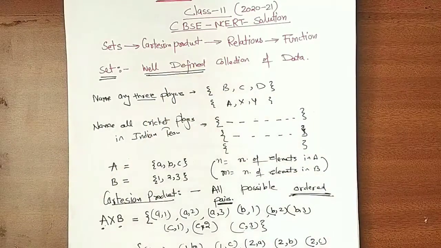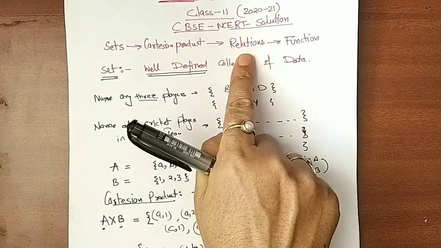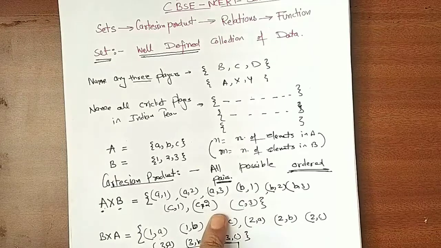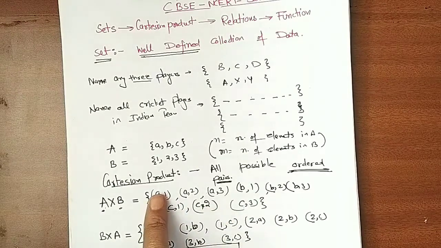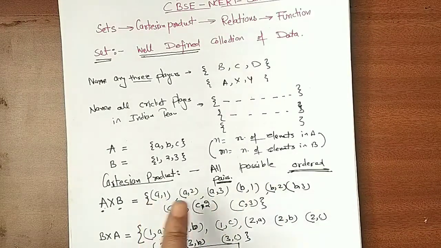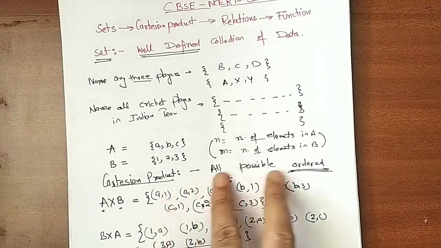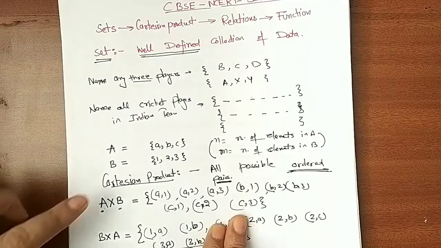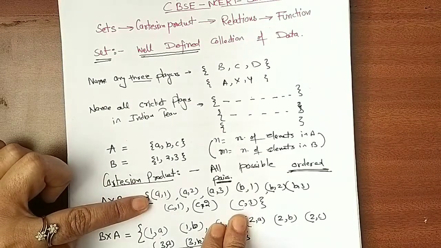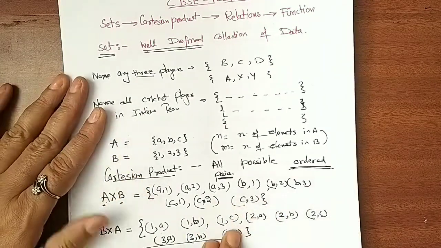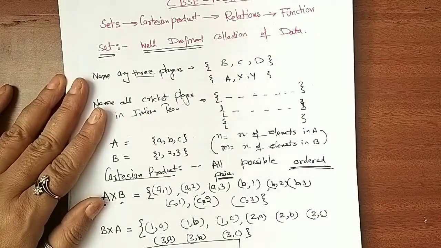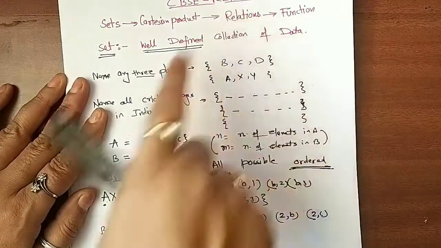Out of that, only a few of the ordered pairs are taken out. Maybe 4 of them, maybe 6, maybe 2, or maybe all of them. We take a few or all of them as a subset which satisfies a given condition. That collection of ordered pairs is called a relation.